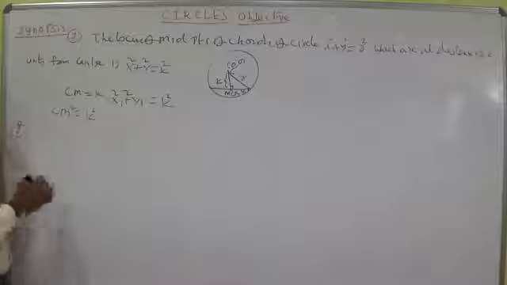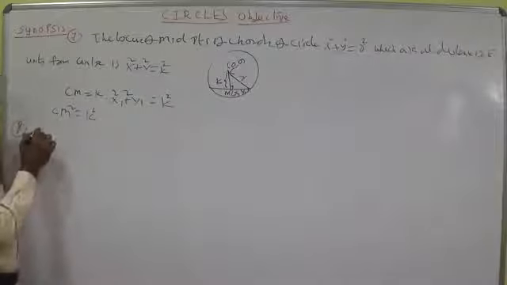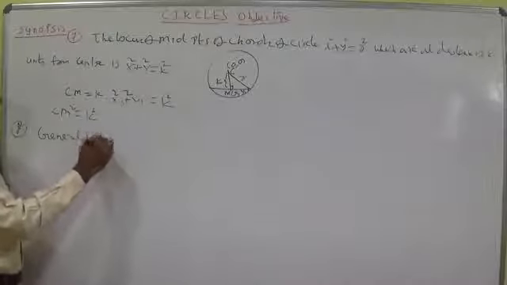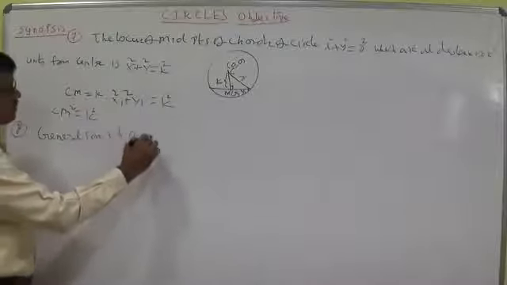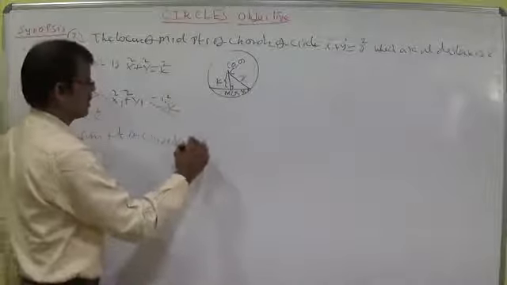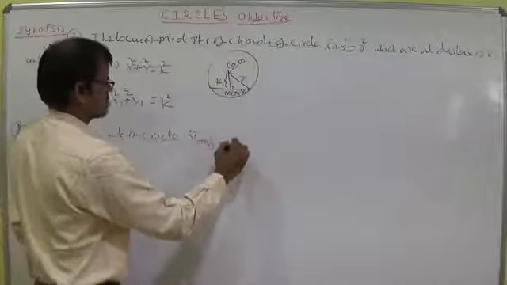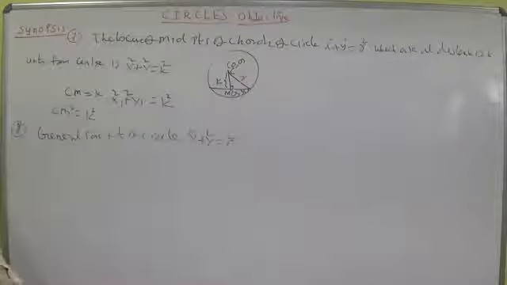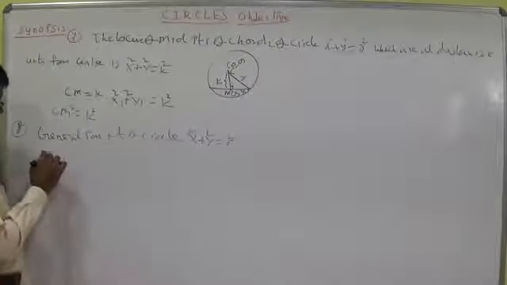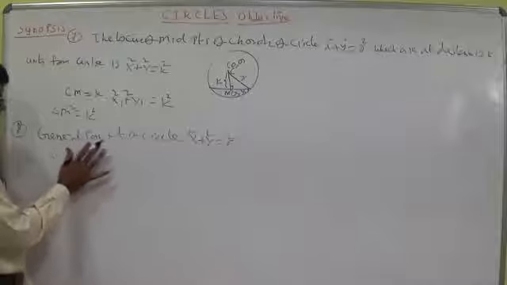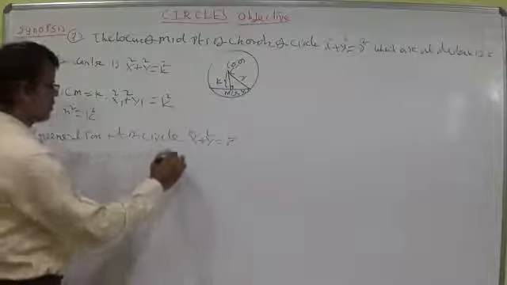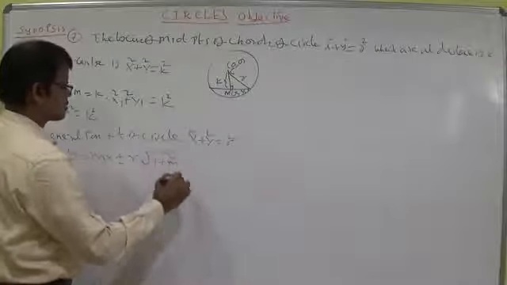Formula number 8 depends upon the general tangent of a circle. The general tangent of the circle x square plus y square is equal to r square is y is equal to mx plus or minus r into root of 1 plus m square.